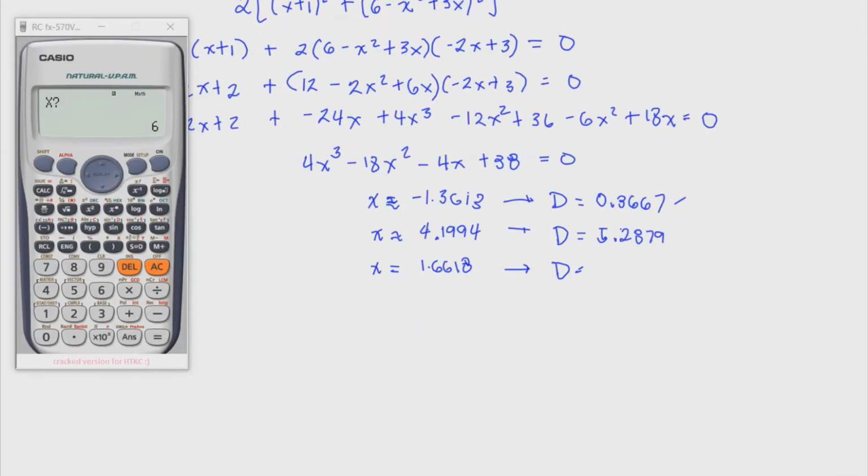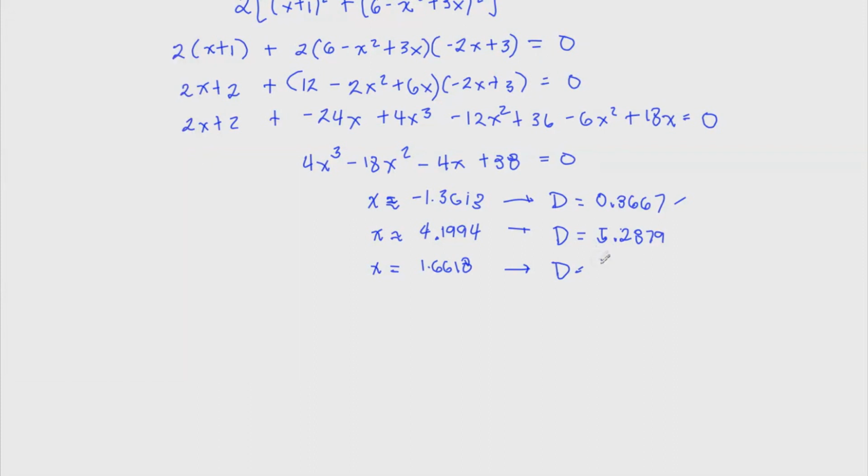So again, press calc for the last. So that's 1.6618, and then the answer is 8.6439. Okay, so comparing all of these distances, we know for sure that this is the correct answer for our problem, but that's just the value of x.